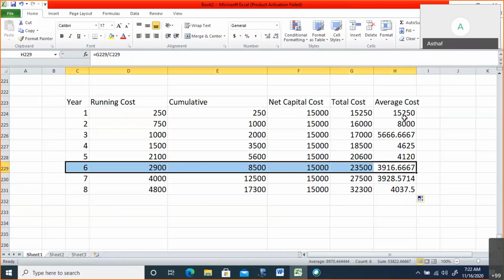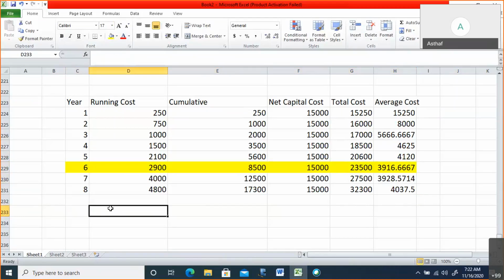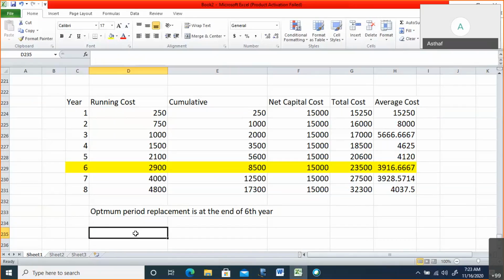So here is the best point. So the optimum period of replacement is at the end of the 6th year. How interesting. Very good. Copy fast.